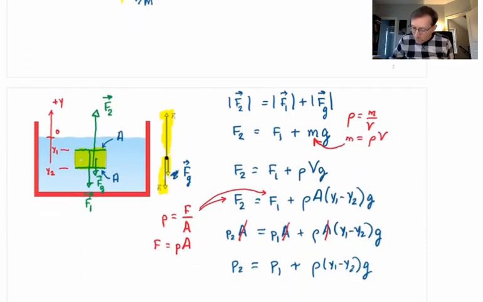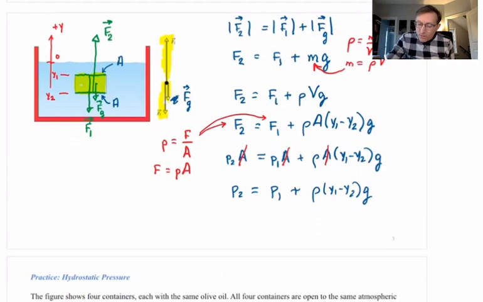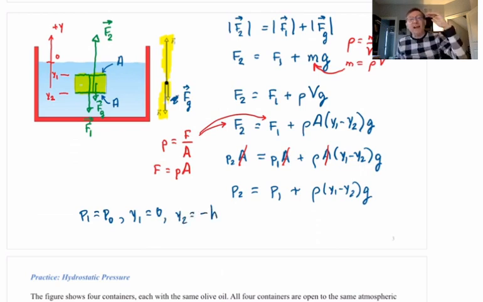then back in that formula I replace P1 with the symbol P0, the pressure at that interface, which is the atmospheric pressure of the air. I put Y1 to 0, because level 1 is at Y equals 0, the surface. And I put Y2 at negative h, because it's at a depth h below the origin.